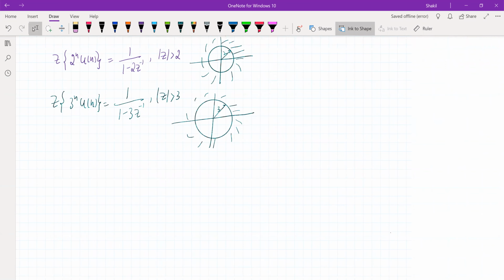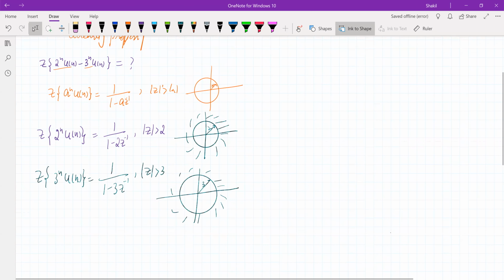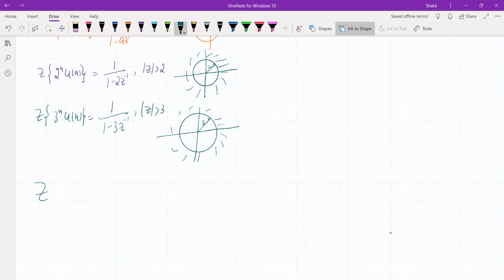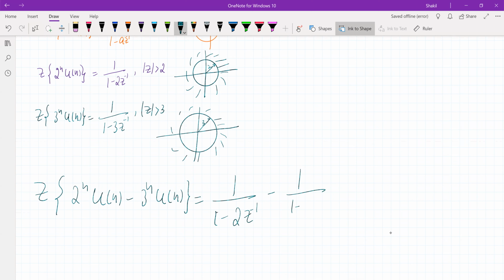Now the Z transform of this sequence, which is the difference of these two sequences, 2 raised to power n u of n minus 3 raised to power n u of n, can be written as 1 by 1 minus 2 Z inverse minus 1 by 1 minus 3 Z inverse.